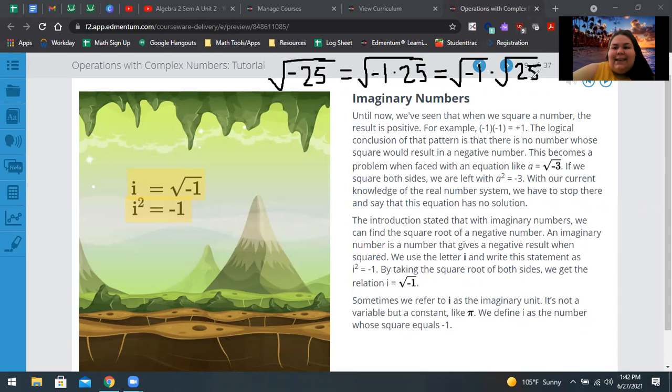Keep in mind that whole line represents the same thing that we started with. Now we follow the rule here. The first statement says that i equals the square root of -1. Here's my square root of -1, that's just i. We know that the square root of 25 is 5. It's i5, but we like to keep the i at the end, so it'd be 5i. Make sure you have those two lines in your notes because that is going to help us out along the way. So now let's go ahead and move into slide 10.